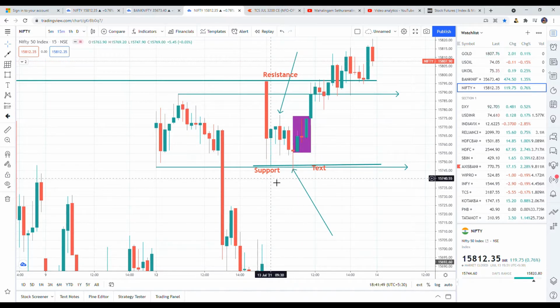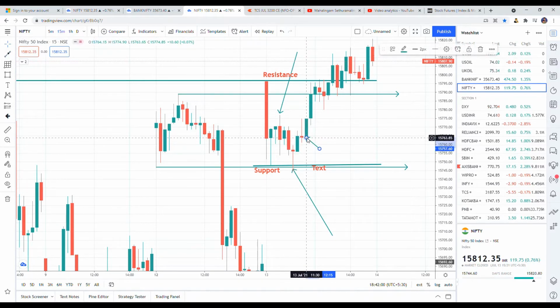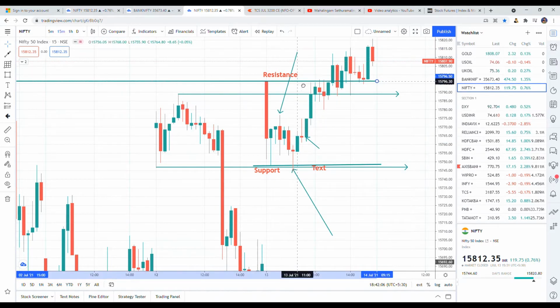Okay, thereafter if you enter in this candle, your target will be the initial day high, which is close to 15,796.